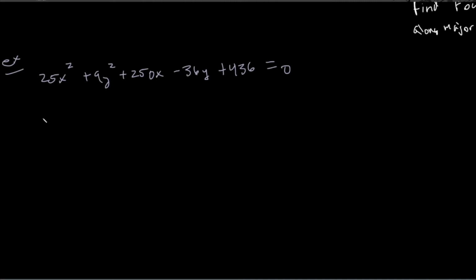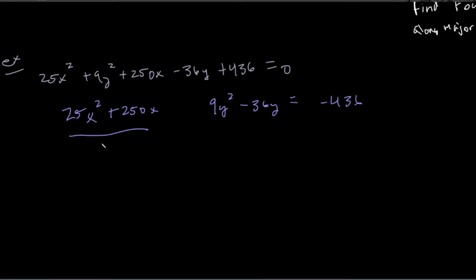So let me put the x's together. First of all, 25x squared plus 250x, and I'll leave space, and let's put the y's together. I get 9y squared minus 36y, and eventually I need to get equals 1 on the other side, so I'm going to move 436 over.